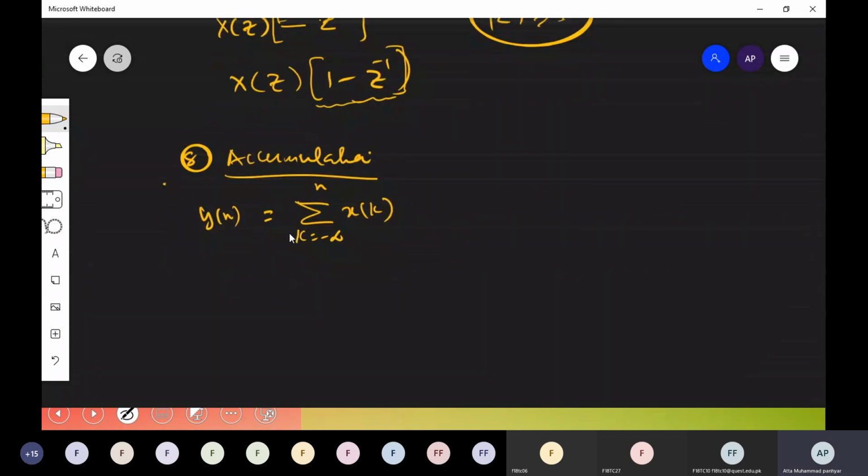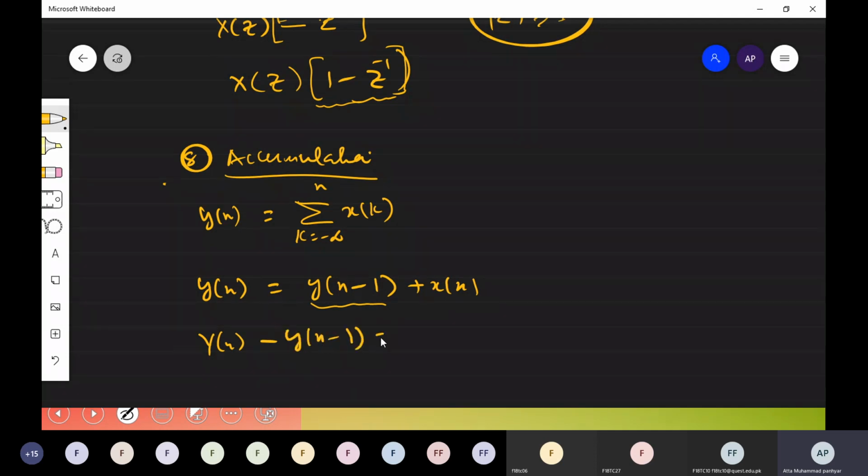Now we can write this equation as y of n equals the previous output plus the current input x of n, right? If we are at time n, then all previous inputs must be y of n minus 1, plus the current input. So I can rewrite this as y of n minus y of n minus 1 is equal to x of n, right?